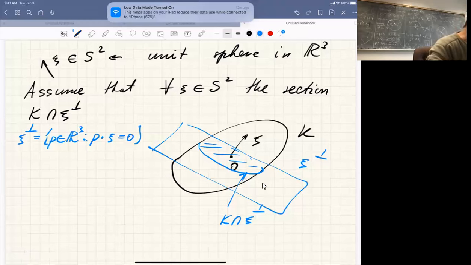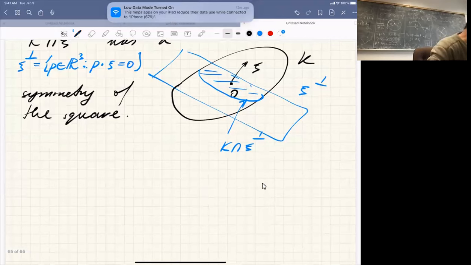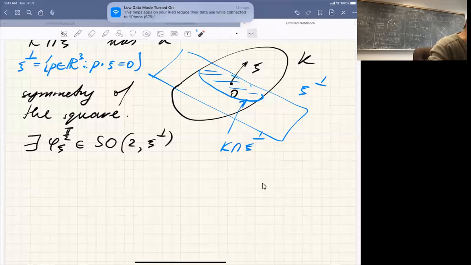The section has a symmetry of the square, of the cube in general in higher dimensions. So what does it mean? It means that there exists a rotation phi xi by pi over 2 angle. Yes, I will write SO2 xi perp, meaning that I rotate here in the subspace xi perp, okay?